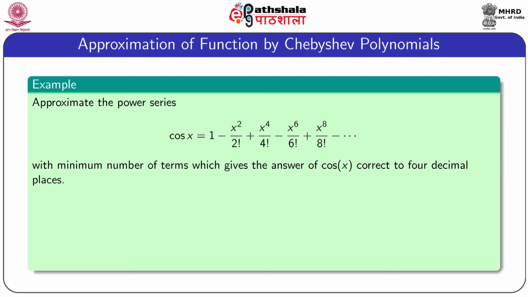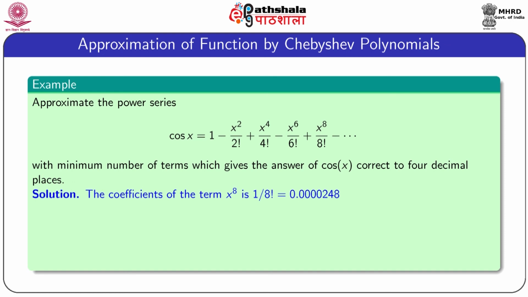Here we consider the cosine series, which is nothing but 1 minus x square by factorial 2 plus x to the power 4 by factorial 4 minus x to the power 6 by factorial 6 plus x to the power 8 by factorial 8 minus dot dot dot. Our aim is to find the finite approximation of the series cos x that gives the answer correct up to 4 decimal places.